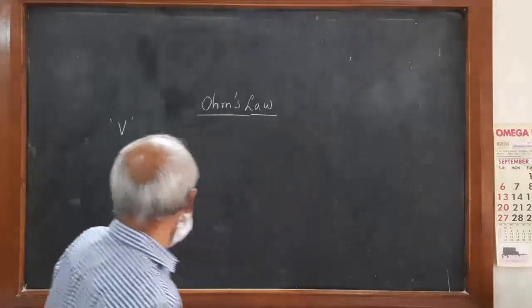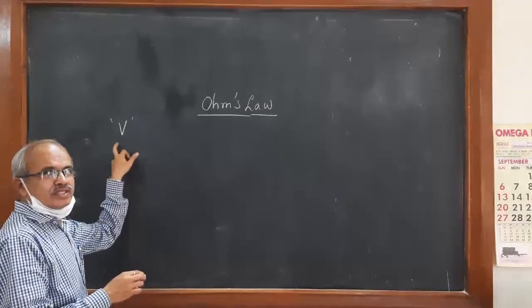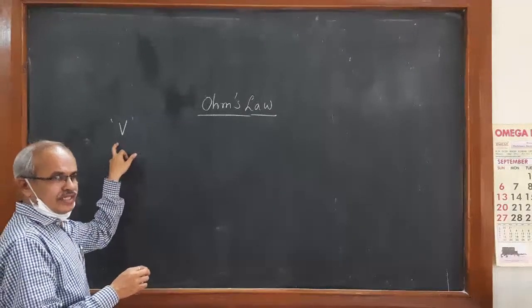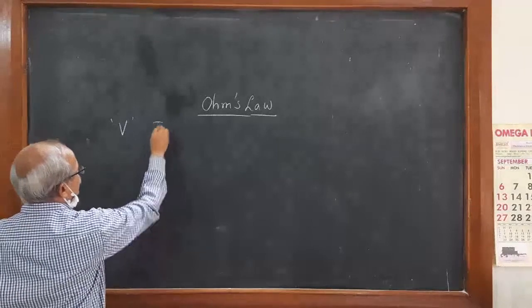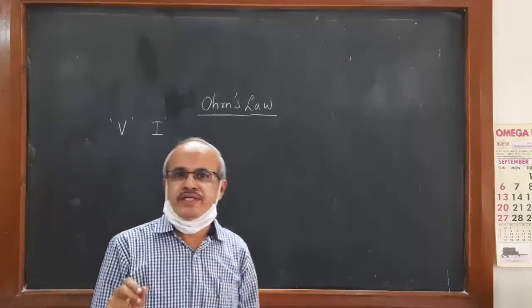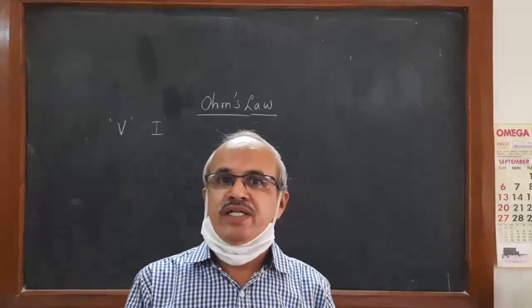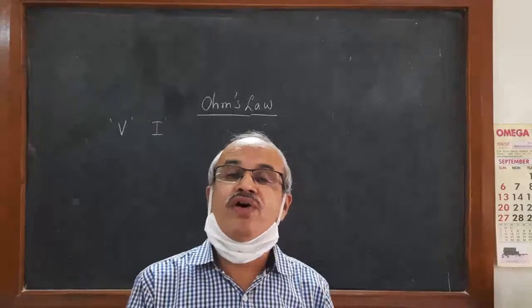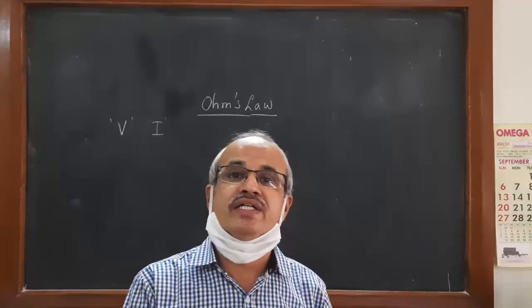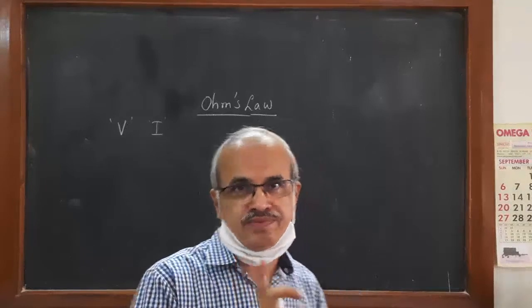So then only is the potential difference across the conductor directly proportional to current, provided temperature and other physical dimensions of the conductor remain unaltered. So this is what is called Ohm's law.